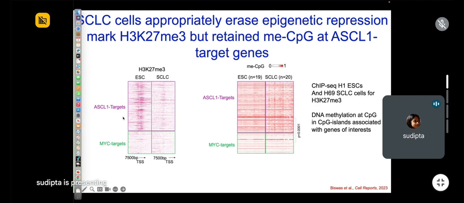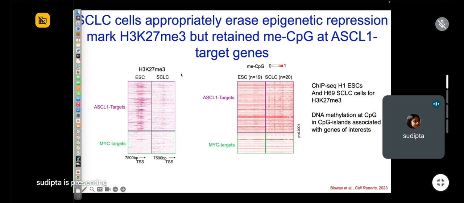So here, at ASCL1 targeted genes, the H3K27 methylation, which is the epigenetic repression mark, is high in embryonic stem cells, whereas at MYC targeted genes that methylation is going down, and replication is going on.